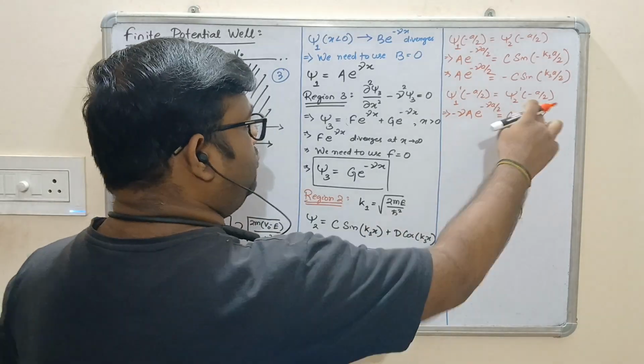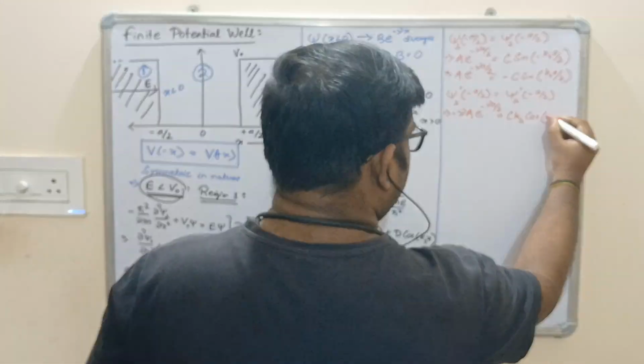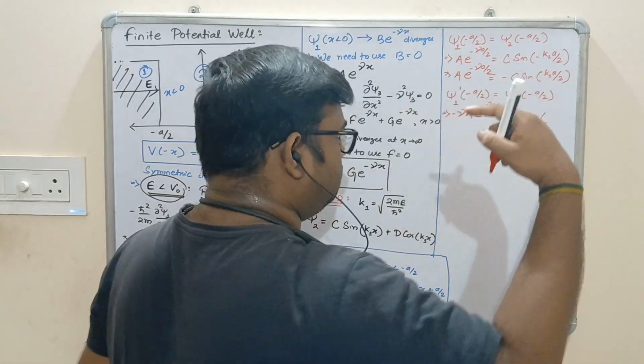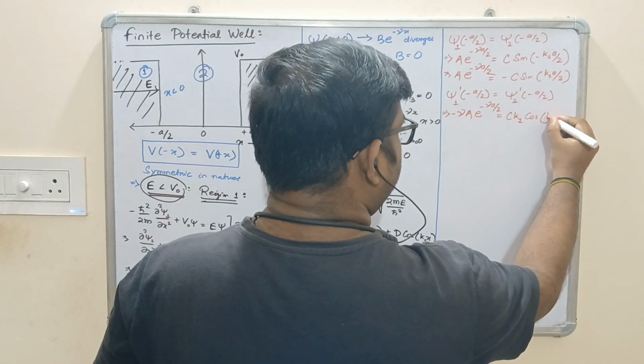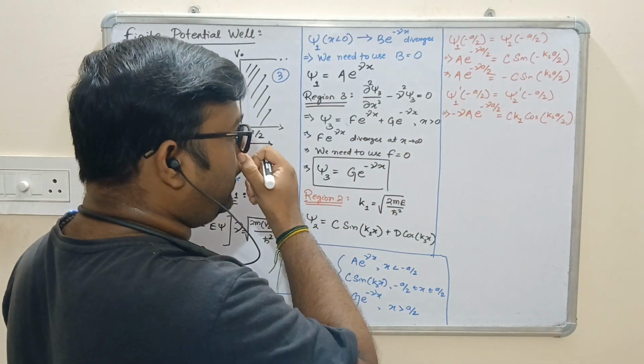Instead of k1x you have to use minus k1 a by 2, but in case of cos, minus cos x is equal to cos x. So you can write it exactly like this. Nothing changes.